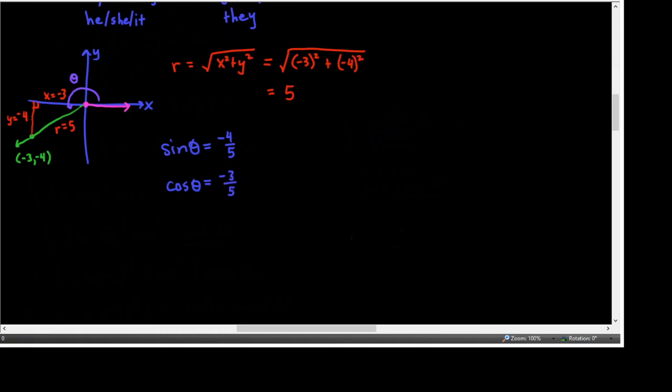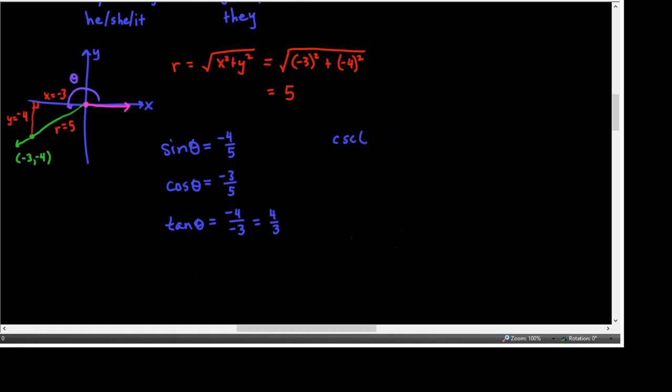I'd like for you to pause the recording and see if you can get the other 4 correct without my help. Okay, tangent of theta is y, -4 over x, which is -3, and that does simplify to be positive 4/3.